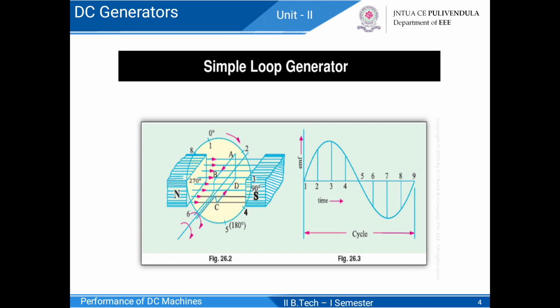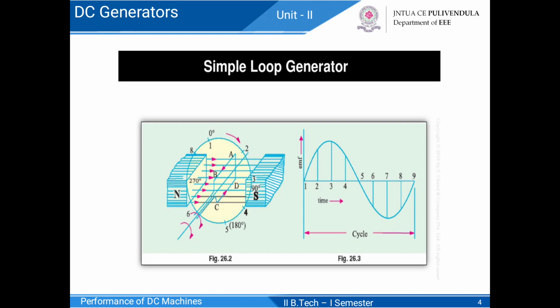So now, let us assume that the coil rotates in clockwise direction. Observe here, the coil is rotating in clockwise direction. It is placed between the two poles, right?